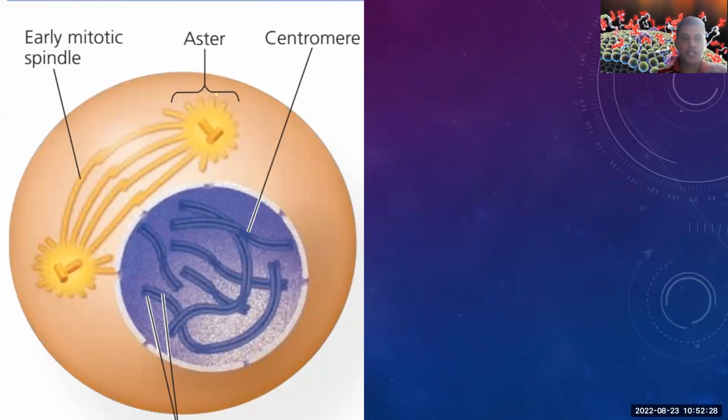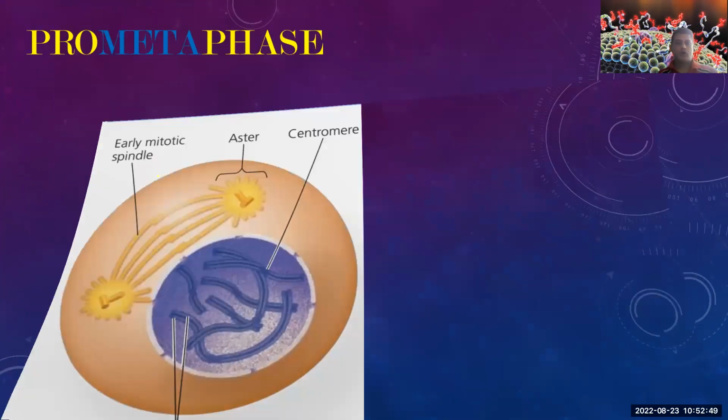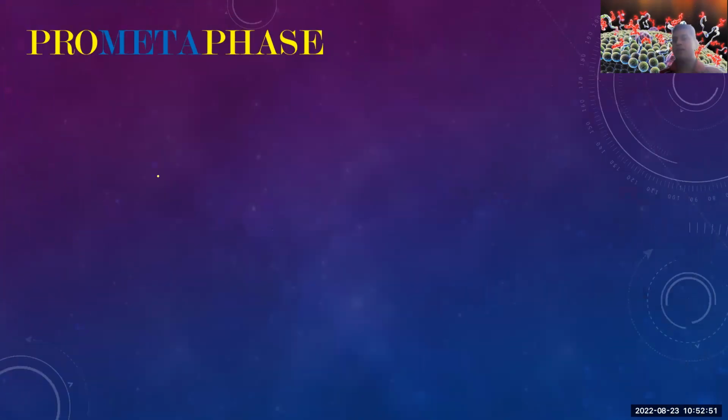So you learned what an aster is. Aster is the formation of spindle around the centriole, so you get this star-shaped thing called aster. Now here is the early mitotic spindle. That means in prophase, they start to make the spindle. Now the prometaphase, the end of prophase. At the end of prophase, we can see two changes.